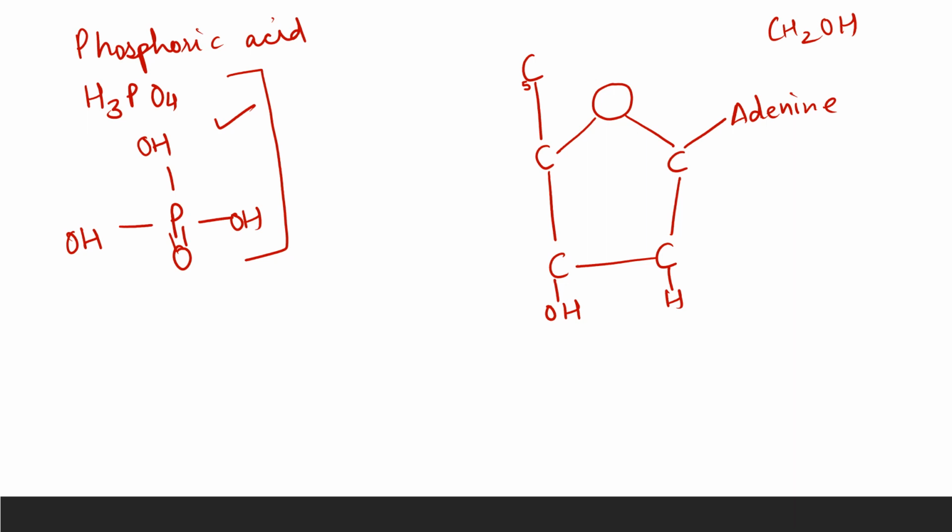So this is C5. So we said it is CH2OH, right? This is OH. Now here we have to add this phosphate group.